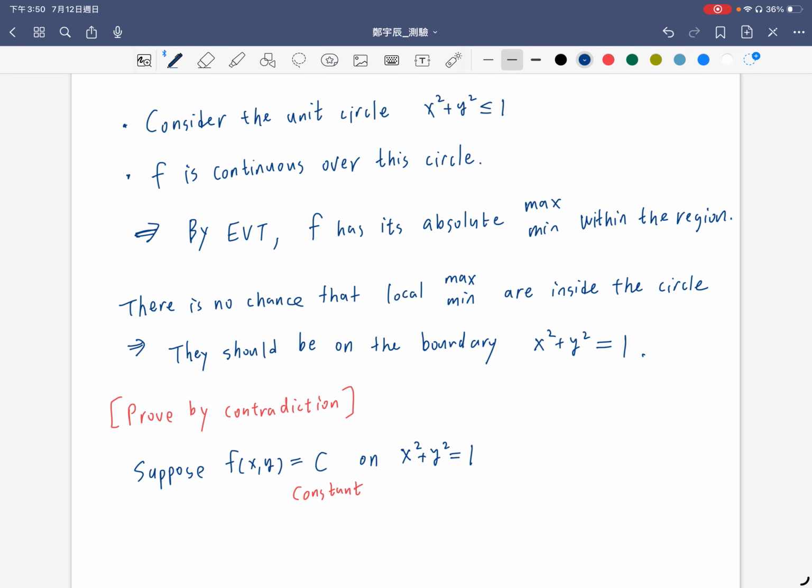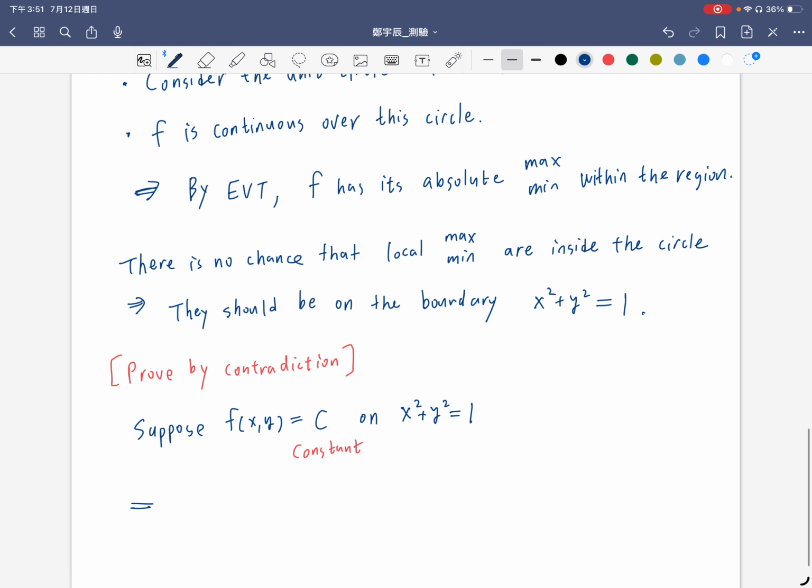All right, we suppose that f is a constant on the unit circle. And again, by EVT, f has its local max and minimum on the boundary, right? Because there is no chance of an absolute extremum within the region. So it should be on the boundary. However, on the boundary, f of x, y is simply a constant.